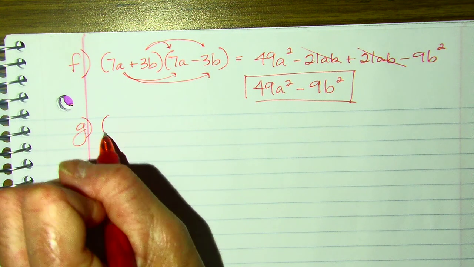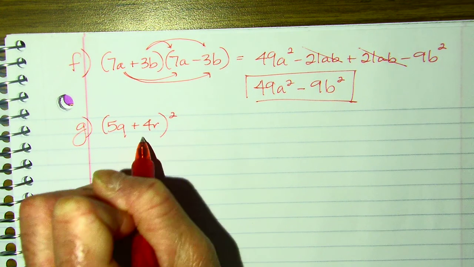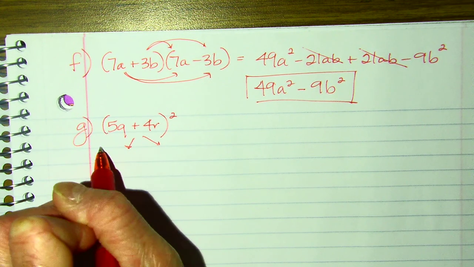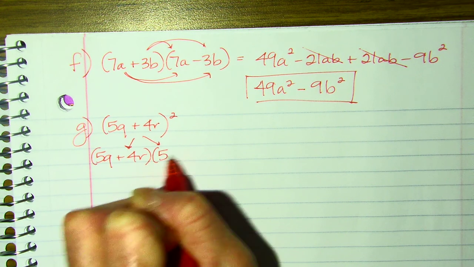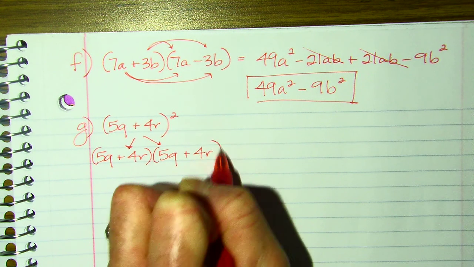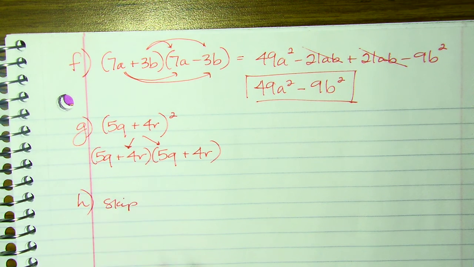Last one, 5q plus 4r squared means I have 2 of them. So 5q plus 4r times 5q plus 4r. Now you can pause it and check my answer. For g, I'm going to skip.